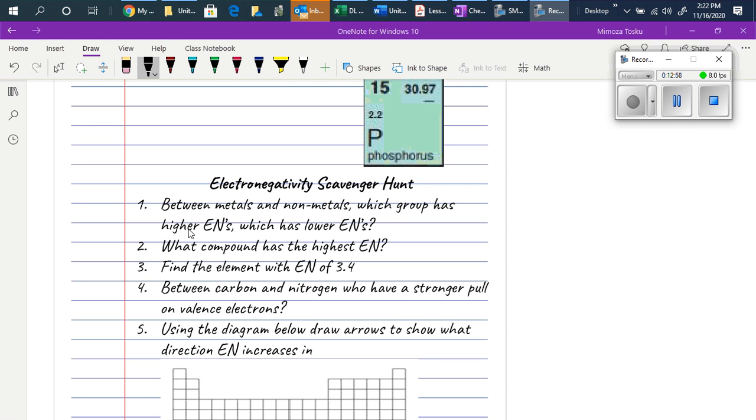Between metals and non-metals, which group has the highest electronegativity and which one has the lowest electronegativity? So you have to go to your periodic table, and I will give you about 10 minutes to complete this. And then we will discuss the questions together in class.